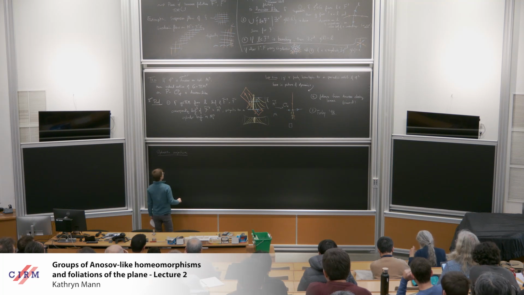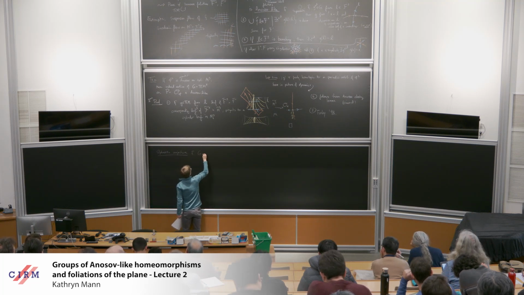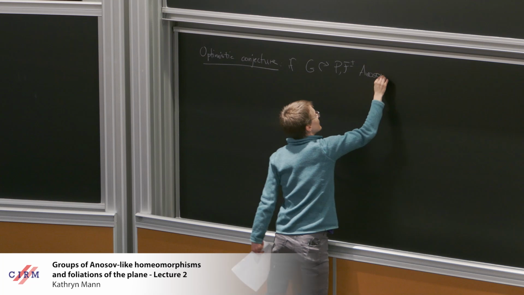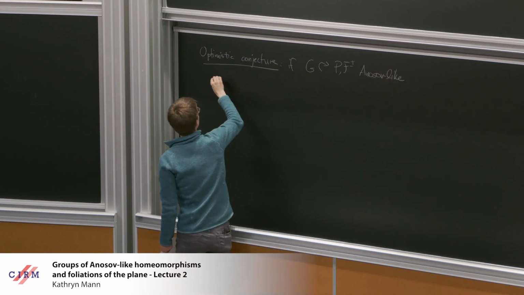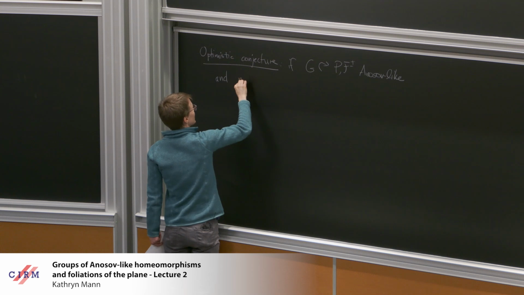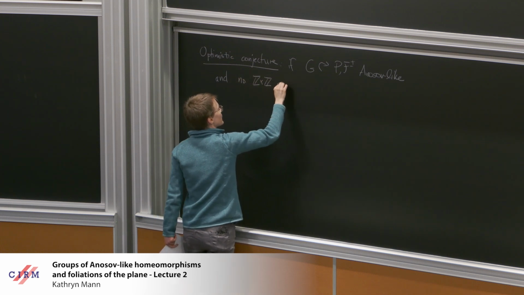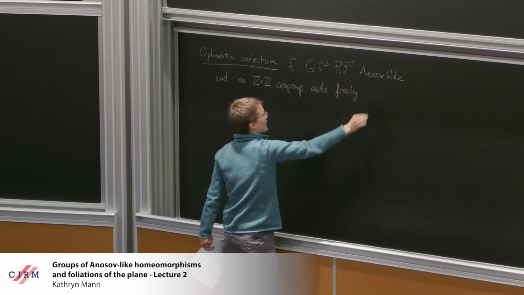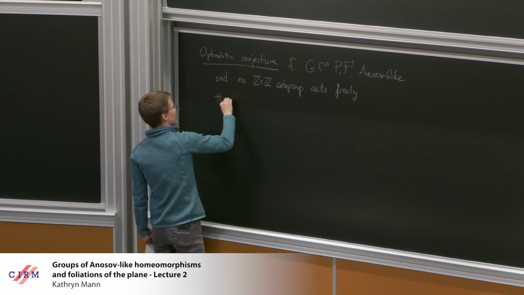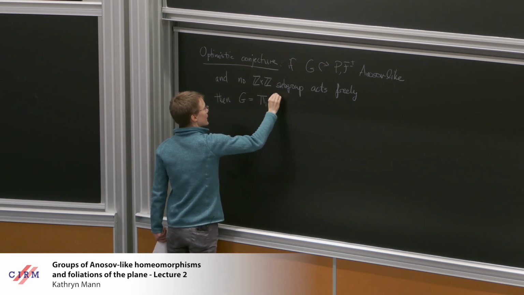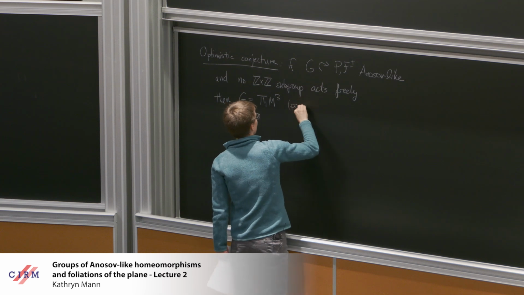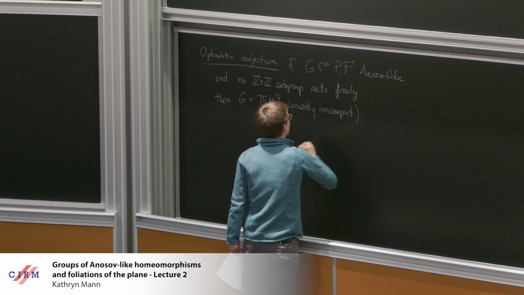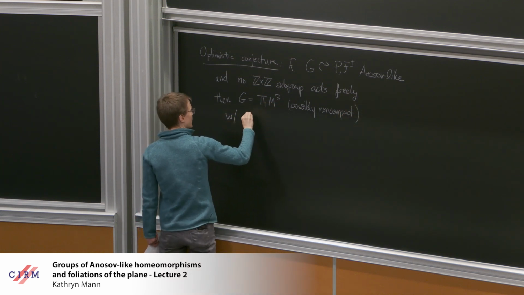So the current state of the optimistic conjecture is that if G acts on some bifoliated plane in an Anosov-like way, and no Z cross Z subgroup of G acts freely, so without any fixed points, then G is the fundamental group of a 3-manifold, which might possibly not be compact, but that it admits an Anosov flow.